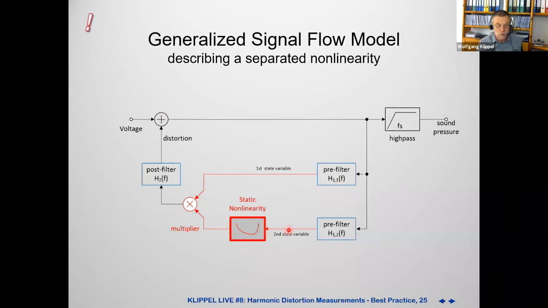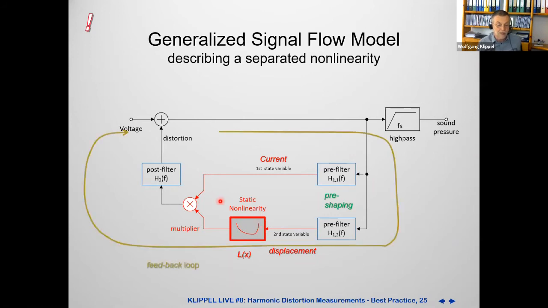We need usually two signals. Here in this case, they are generated by two filters, for instance, for the current a band stop filter, and for the displacement a low pass. So then we have two state signals, time signals. The displacement is fed through the maybe nonlinear stiffness or inductance, and then it's multiplied with a multiplier.